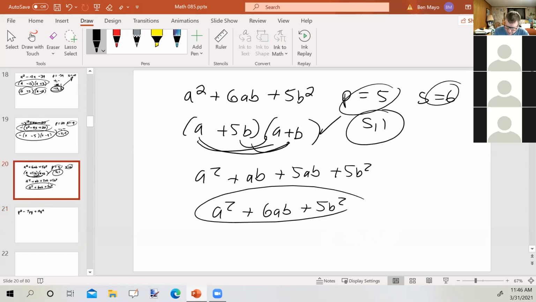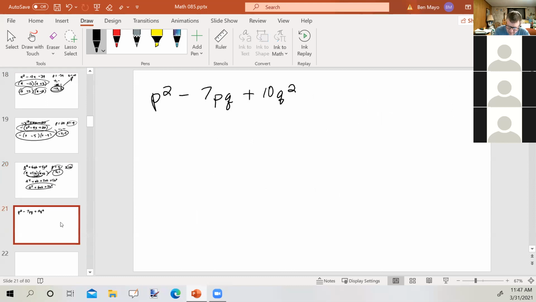In fact, let's go back here. That trinomial is in standard form in terms of the variable a. We've got a squared, a, no a at all. It's not in standard form in terms of b, but it is in standard form in terms of a. This one is in standard form in terms of p. So we'll have p and q at the end.